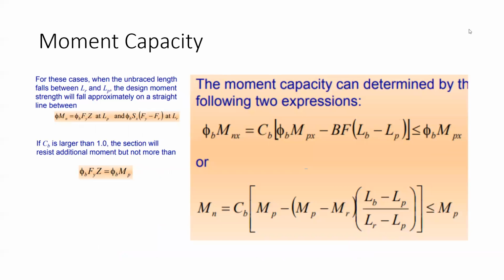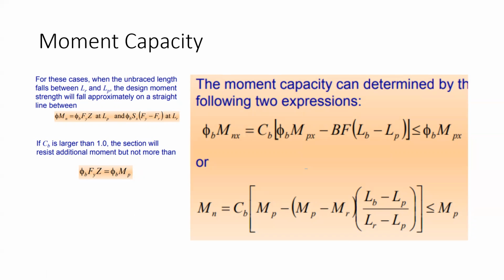Next, we also have your moment capacity. So for these cases, between the unbraced lengths LP and LR, the design moment strength will fall approximately on a straight line between Mn equal to phi Fy Z at LP and phi Sx (Fy minus Fr) at LR. So this is a lot, pero bear with me.